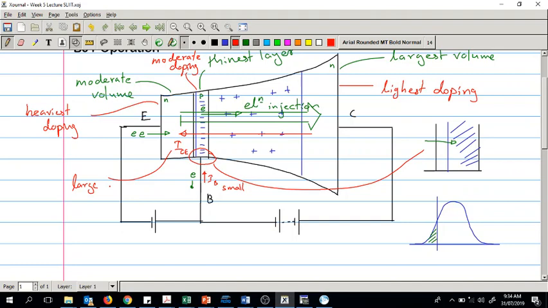Now let's look at what if we didn't have the required doping concentrations. What if the base had a lower doping concentration than the collector? Then the collector depletion layer penetration will be less and the base depletion layer penetration will be high. So we will not have enough length for acceleration, right?